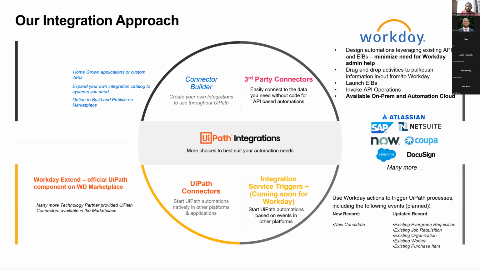I wanted to start with a little bit of info on what we currently have and what we have coming up in terms of integration, because most of what we're going to talk about today is our Workday activities within Studio. So those are available both on-prem and to automation cloud users. There are quote unquote classic activities that allow you to launch EIBs within Workday, invoke Workday SOAP API operations, and use Workday's Report-as-a-Service API to get reports and run those, and include those within your workflow.